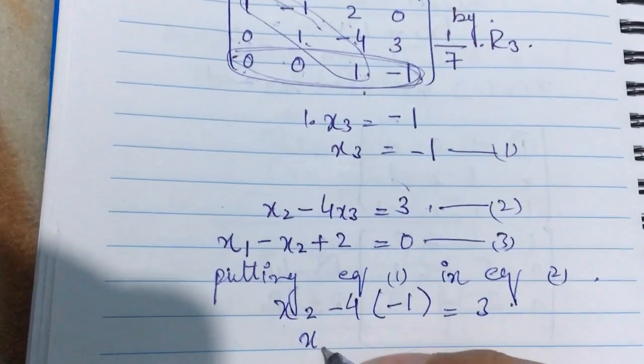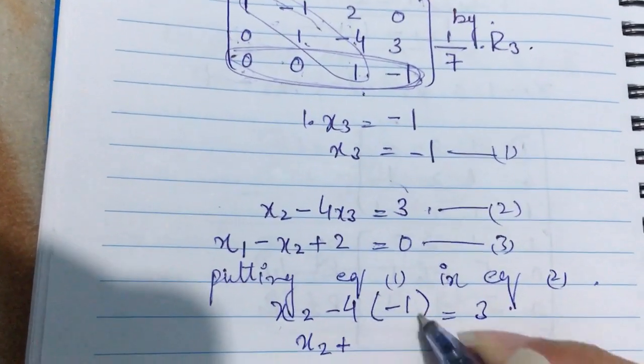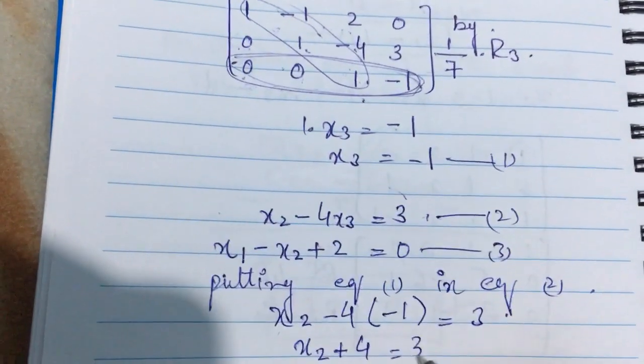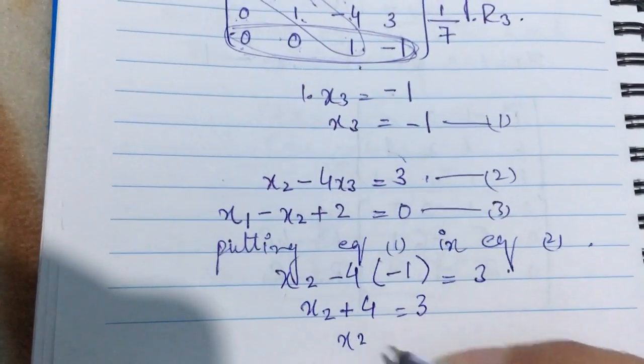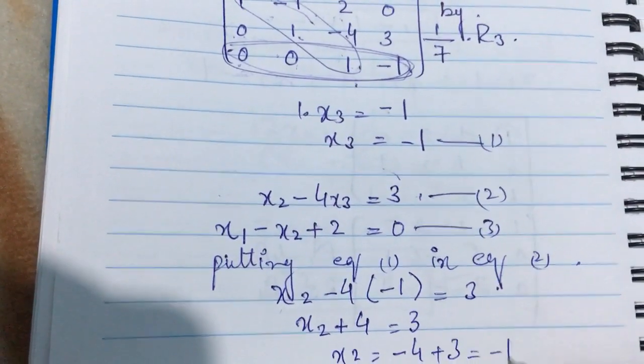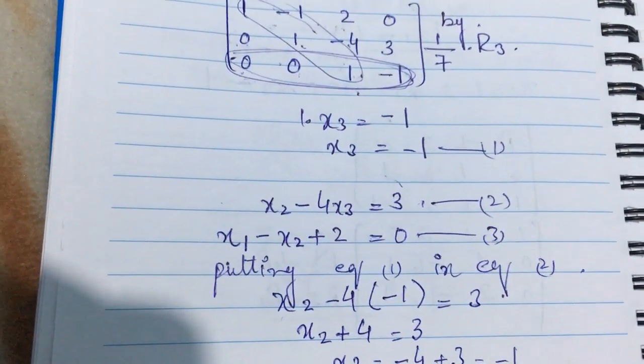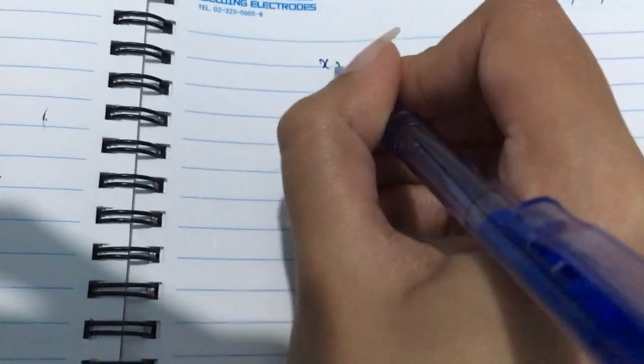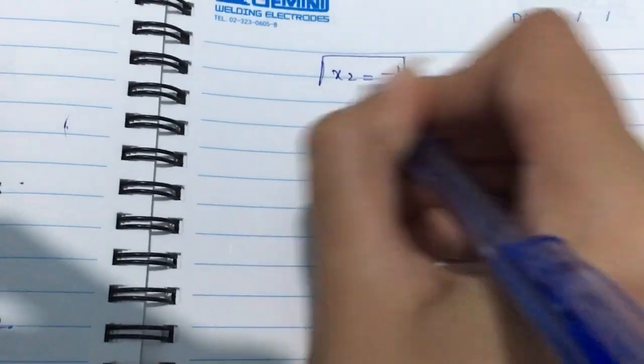So x2 minus minus, plus 4, equals 3. So x2 equals minus 4 plus 3, and that equals minus 1. So the value of x2 is minus 1.